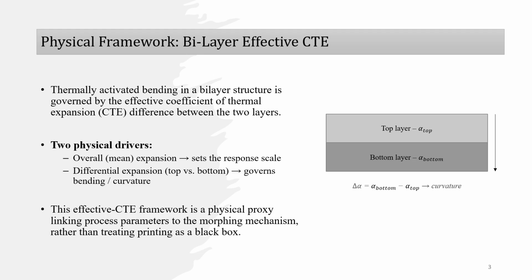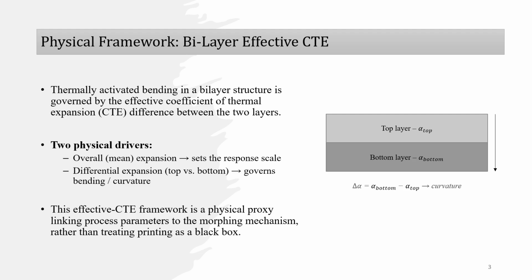The important point is not only the absolute value of expansion, but also the difference between the two layers. The mean effective expansion controls the overall scale of the response. In contrast, the differential expansion between the top and bottom layers controls bending and curvature.